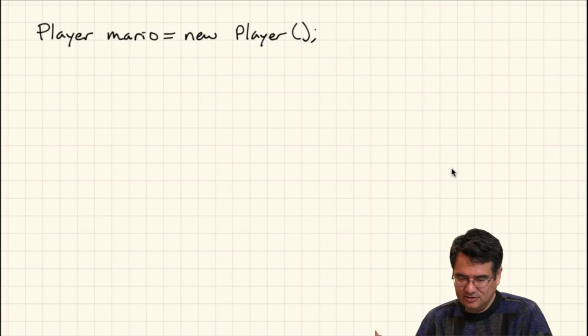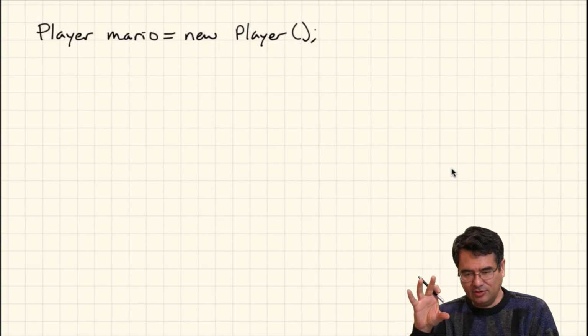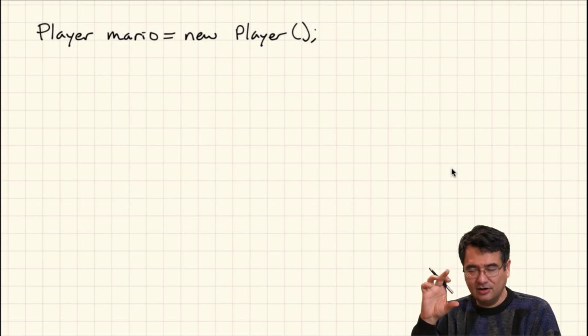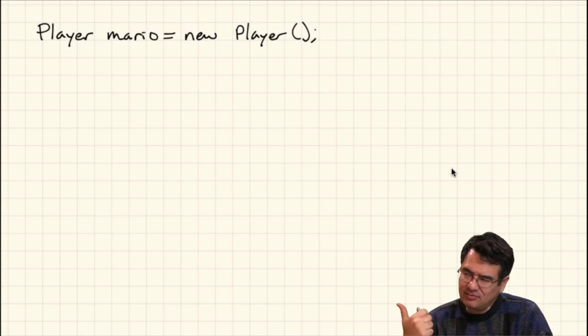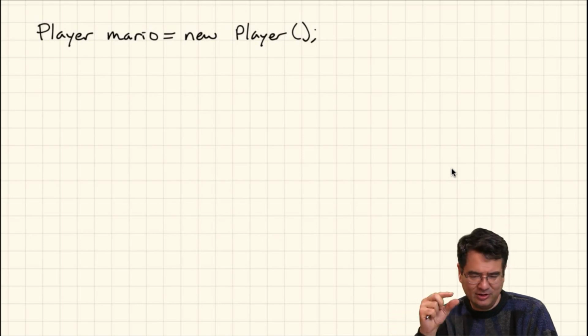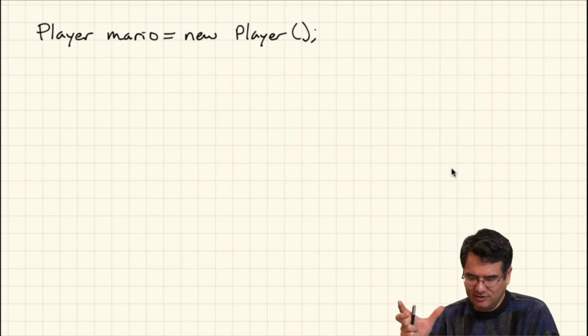So what does this statement do? Well, the right-hand side allocates the memory in the computer for all of the instance variables that are required to represent a player. So it might be something like the score of the current player. In the case of Mario, it could be whether he's small or big, what level he's on, what direction he's facing, and so forth.